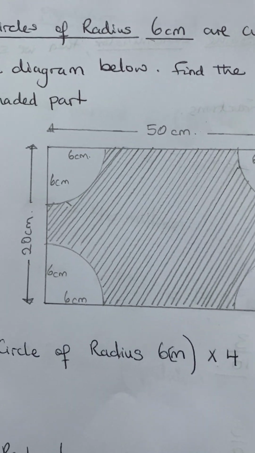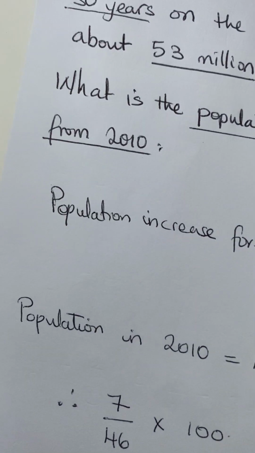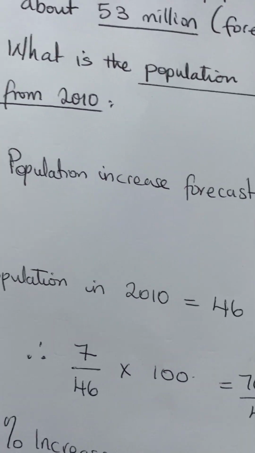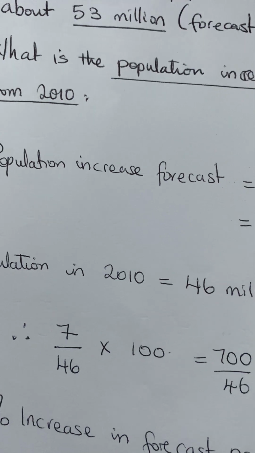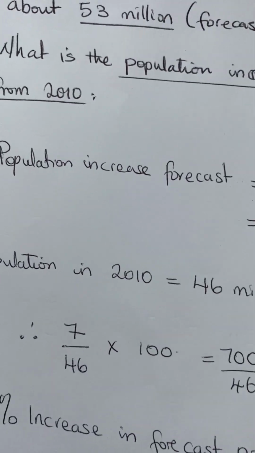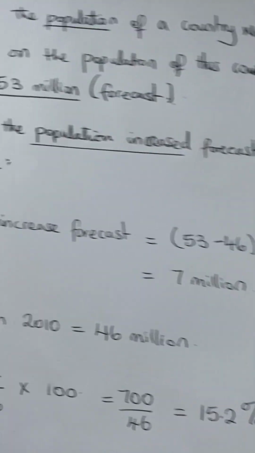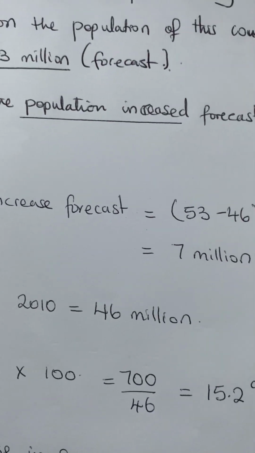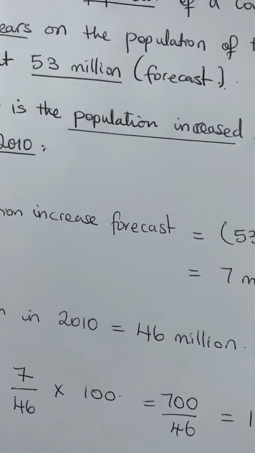So it's easy then. And then this is a population increase question. So basically, you can get all the marks on this if you take your time and do it right, and if you think carefully about what you are doing.